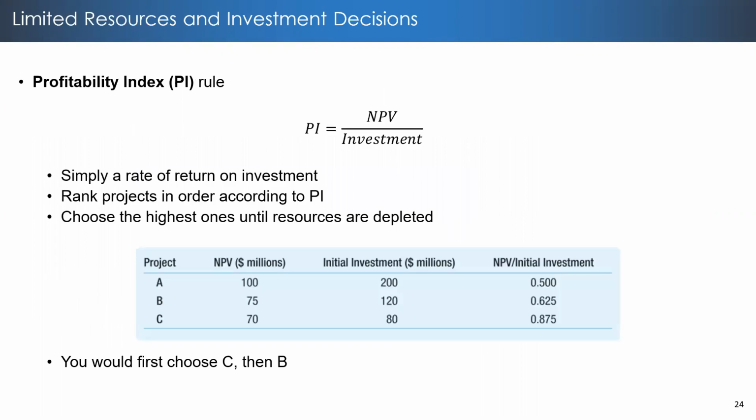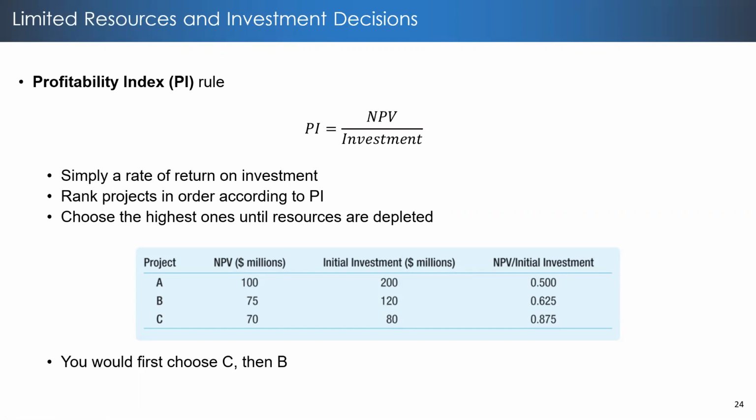So if we think of PI as NPV divided by the amount of resources that we use for each project, then we have a PI of 0.5 for A, 0.625 for B, and 0.875 for C. Which one should we take first? We take C first. However, right after we make the decision for the first project, we look at our remaining budget.